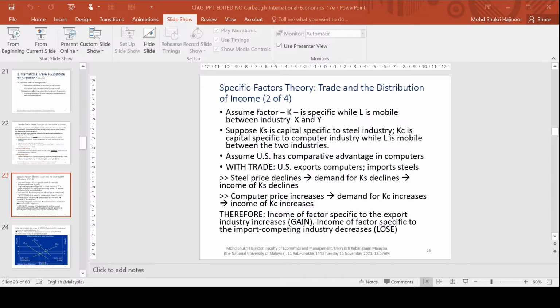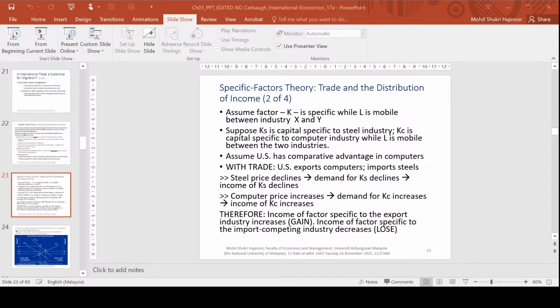As a result, demand for capital specific to steel declines. Let me go over again. Why does the steel price decline? Because the United States imports steel, which can be bought cheaper through trade at the world price.